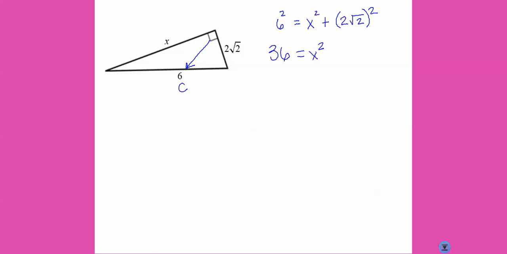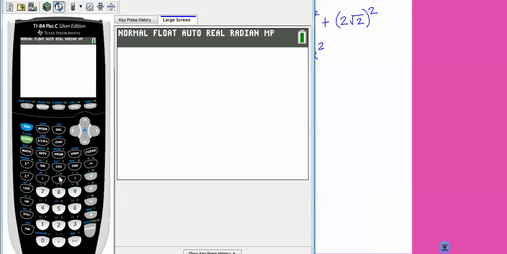Now squaring this looks a little scary, but we can use our calculator for it as long as we're using parentheses properly. So parentheses 2 square root 2, then we're going to arrow out of the square root and close our parentheses, and then squared. And the calculator knows what to do with that, and it is 8.